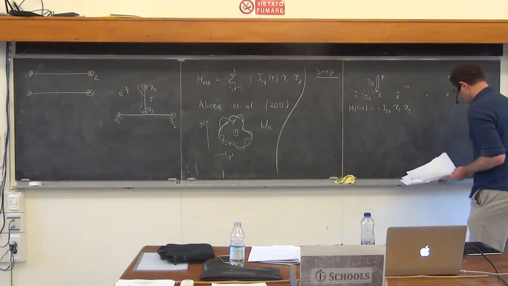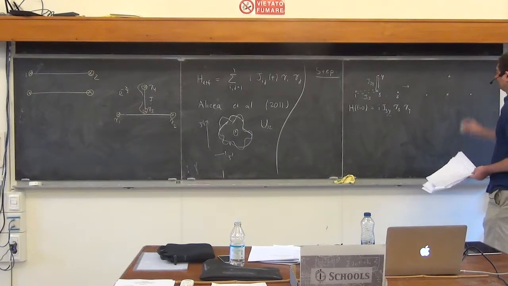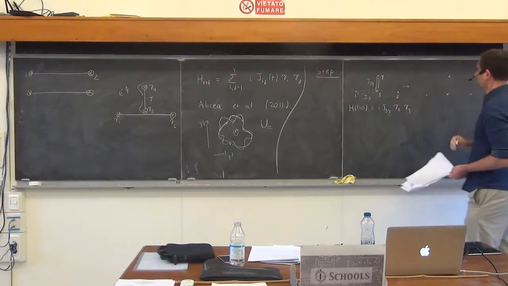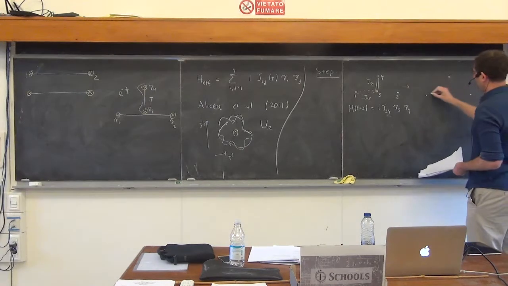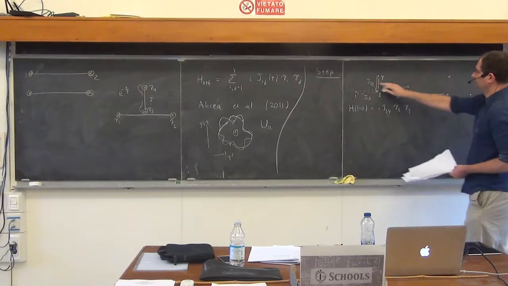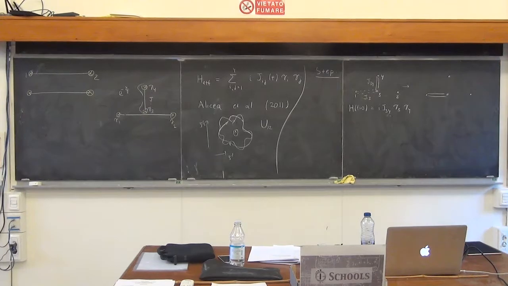That allows me to turn this J13 on in some way and turn J34 off. As long as they're not both 0 at the same time, the ground state degeneracy remains the same.